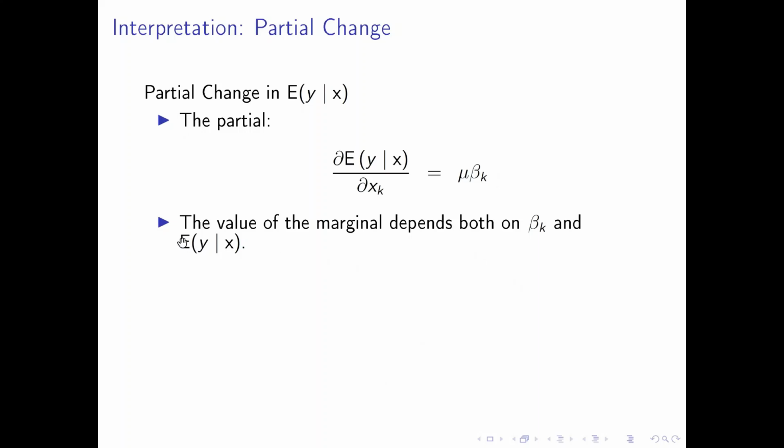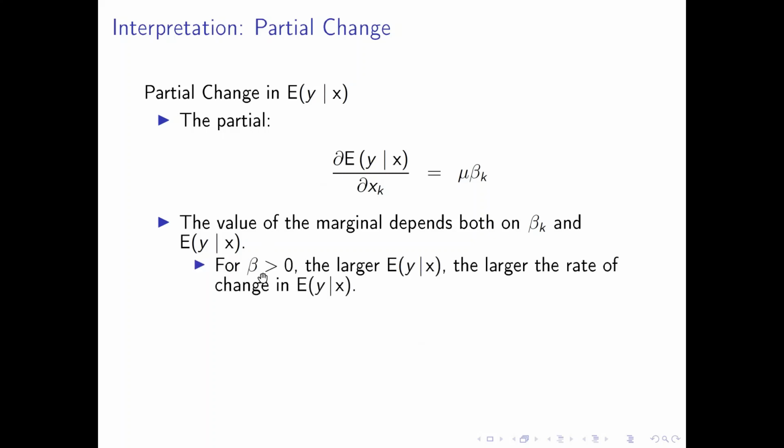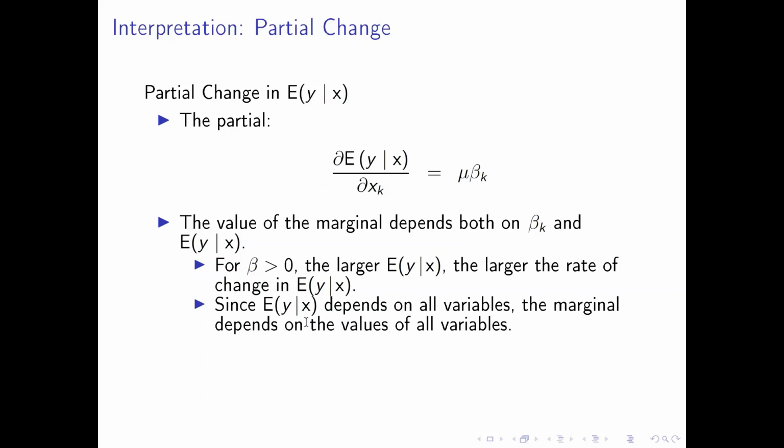Note that the value of marginal or partial change depends both on beta k and mu, the expected count. So when beta k is greater than 0, the larger the expected count, the larger the rate of change in the expected count.